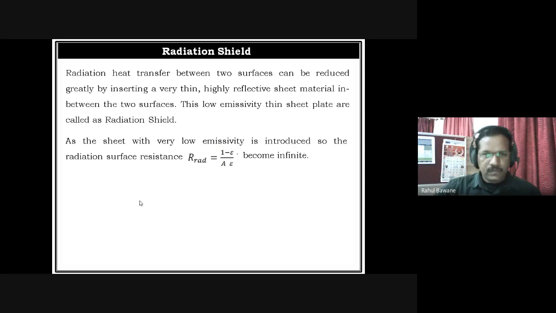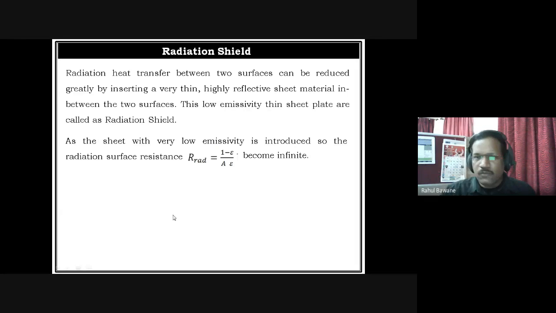Now what happens actually: as a sheet with very low emissivity is introduced, the radiation surface resistance becomes very large. Remember, inserting any shield will not affect the space resistance directly, because space is space. Space resistance will not play a major role in reducing radiation heat transfer, but surface resistance does.